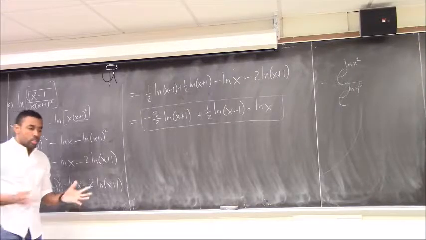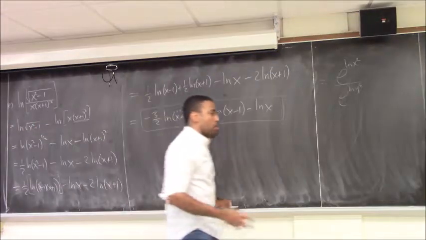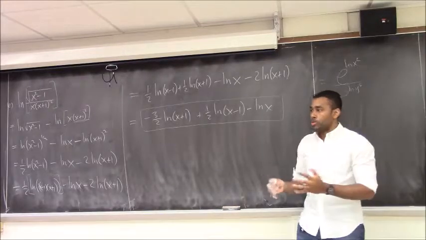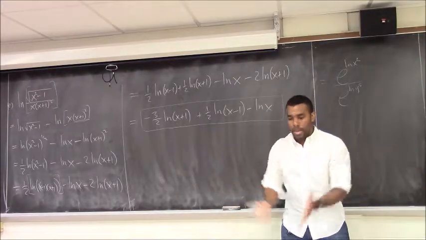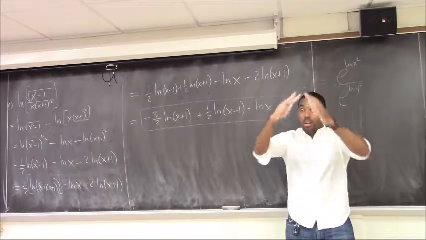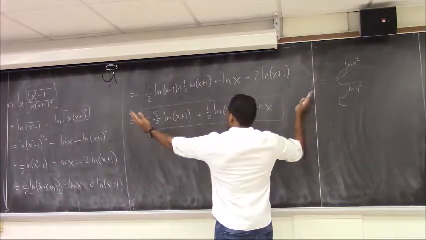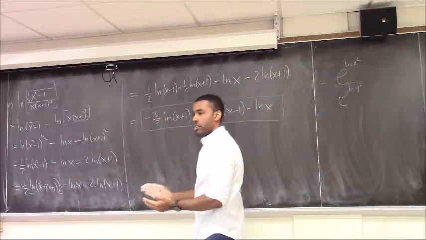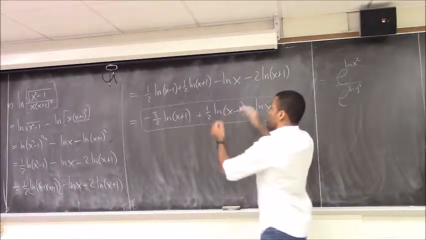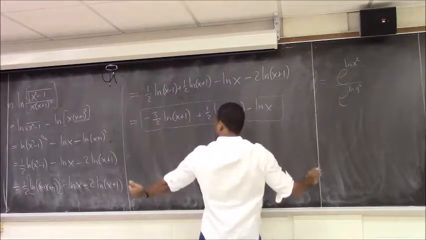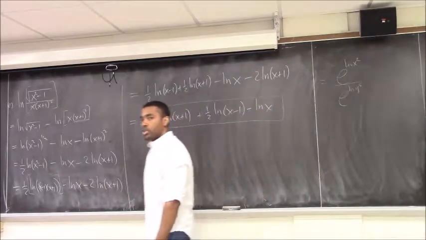So both of these two kinds of things are necessary skills. You need to be able to, given a bunch of logs, combine them into one log, and given one log, separate it into a bunch of logs. Going from many logs to one log is very useful in solving equations. Going from one big log to many little logs is very useful in actually doing calculus.